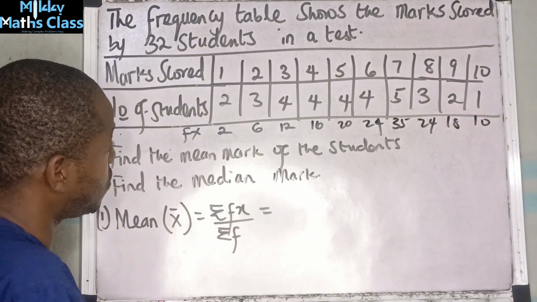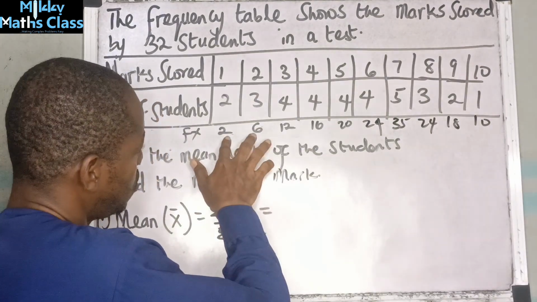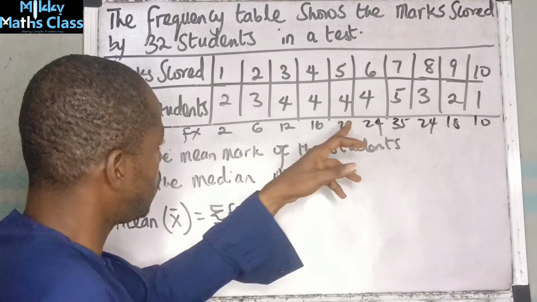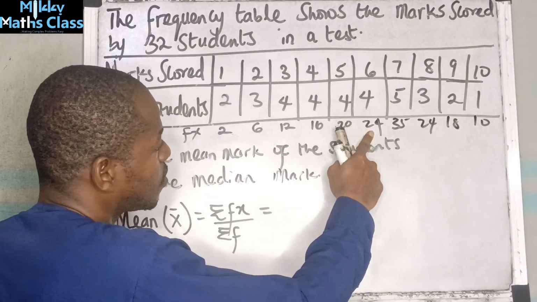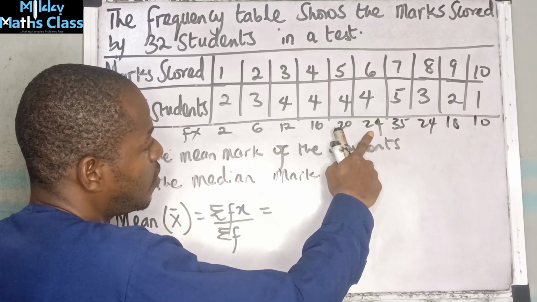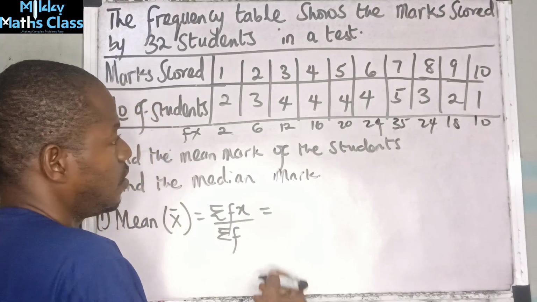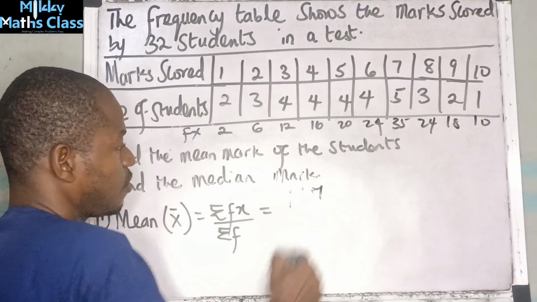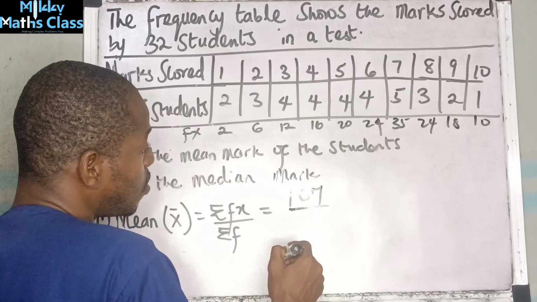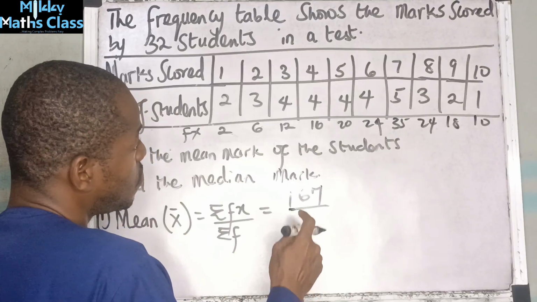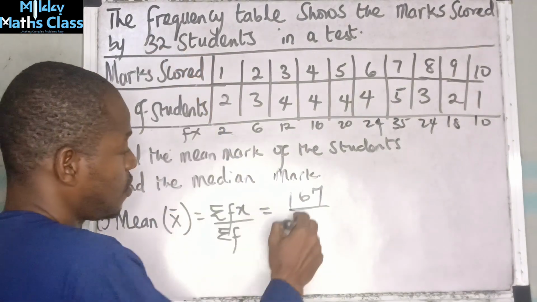Now we are going to add all this together. So this is 8, 20, 40, 56, 80, 90. Okay. So this will give us 167. 167 over 32, that's if you add all the frequencies together, we've already been given that it's 32.